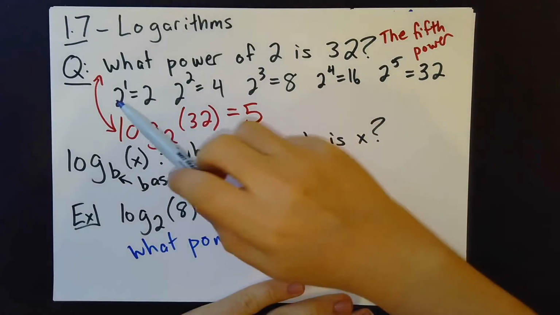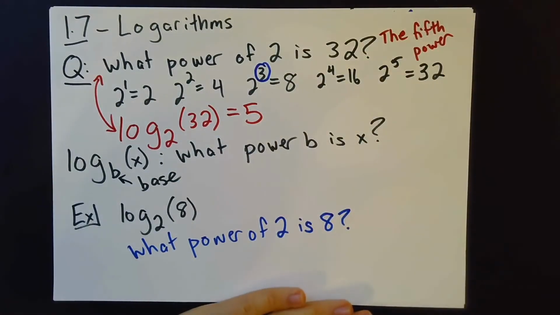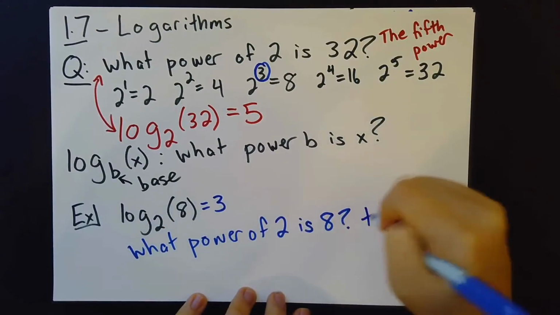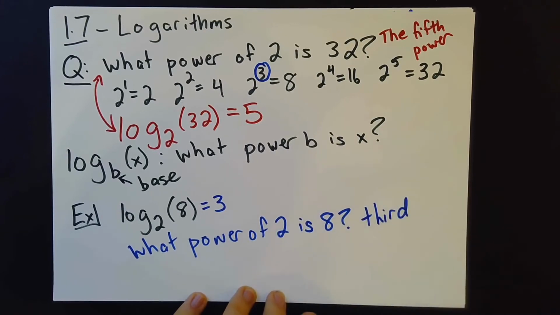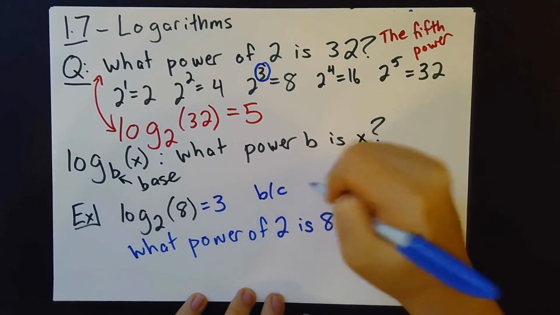And so if I look up here, I already calculated this. It is the third power of 2 that's 8. So it is 3. And so the log base 2 of 8, it's 3, because 2 cubed is 8.